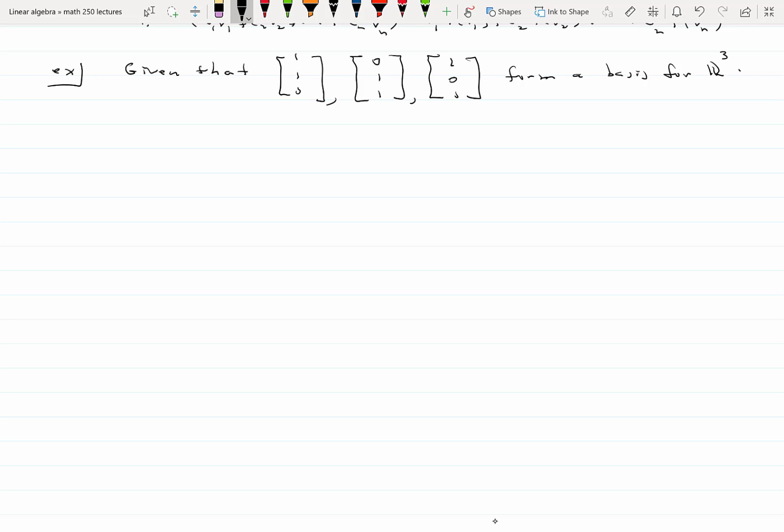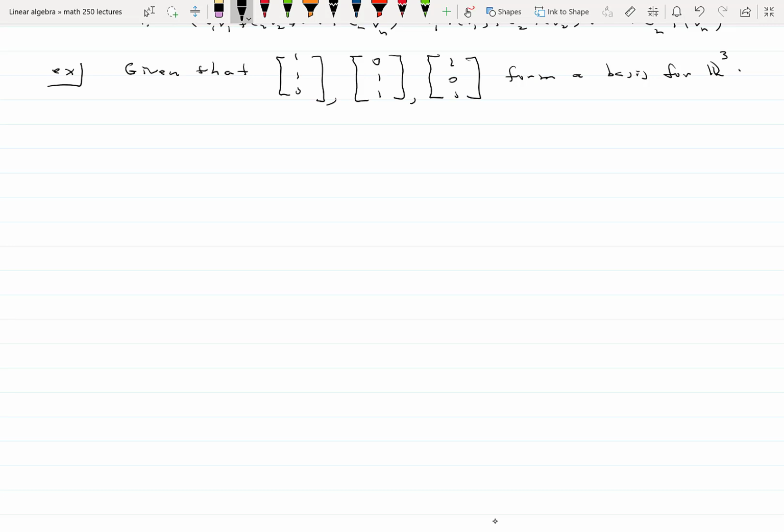I refer to a basis as a minimal spanning set. Any basis for R3 must have three vectors in it. If you have more than three, they're automatically linearly dependent and don't form a basis. You can't have two, because two vectors are not enough to span. So every basis for R3 has three elements. It's a minimal spanning set.